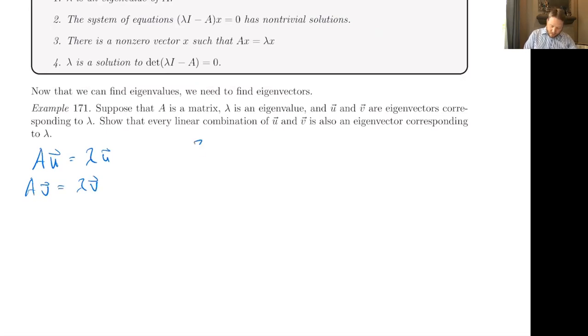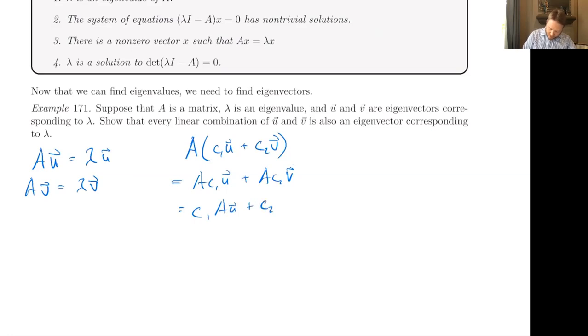So then what is A times, let's call it, C1U plus C2V? Well, that's going to be A C1 U plus A C2 V, which is C1 times AU plus C2 times AV. I can do that in whatever order I want.